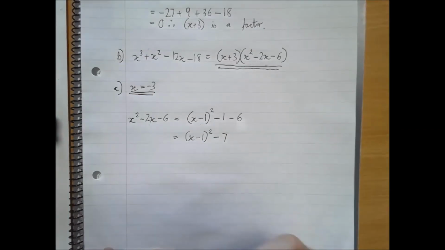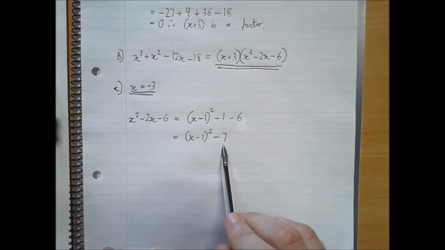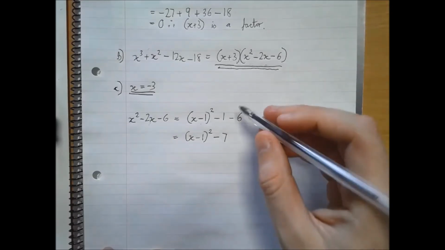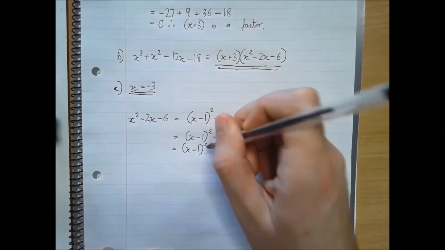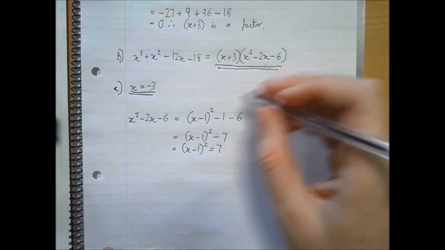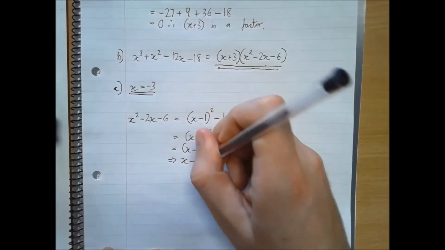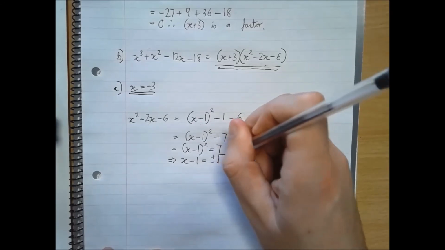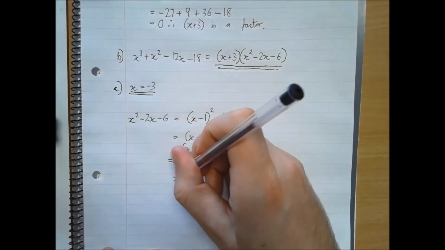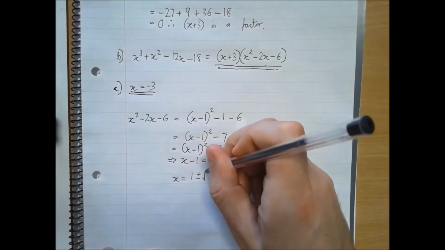However, we want values of x here. Because we've got (x minus 1) squared minus 7, we want to find x. So what we're going to do, next step, we're going to do (x minus 1) all squared equals 7. So therefore x minus 1 will equal the positive or negative root of 7, and of course x will equal 1 plus or minus root 7.